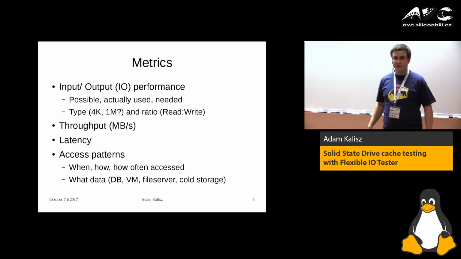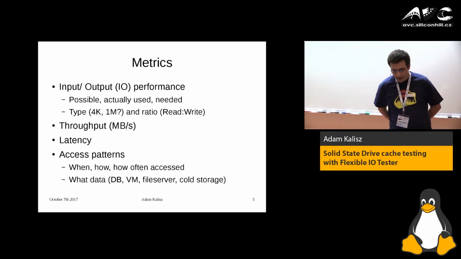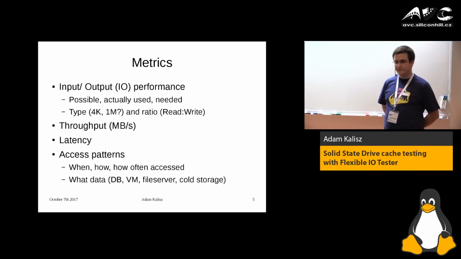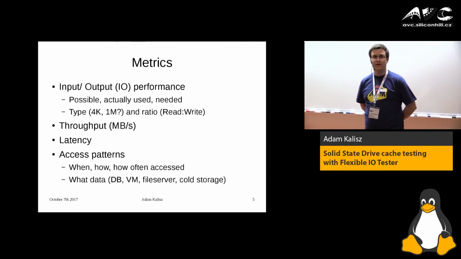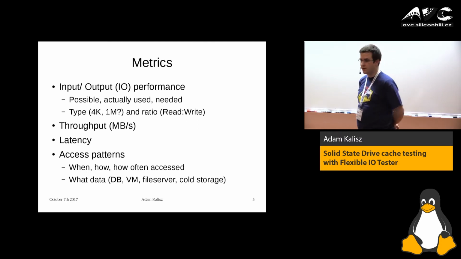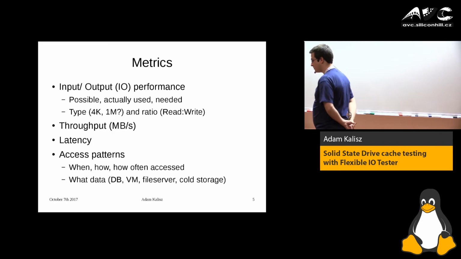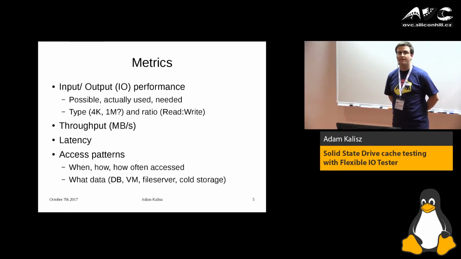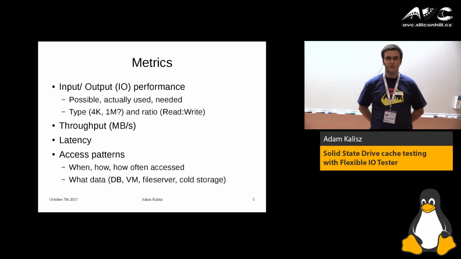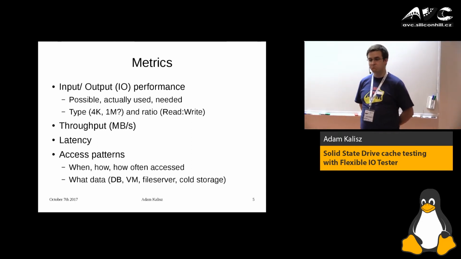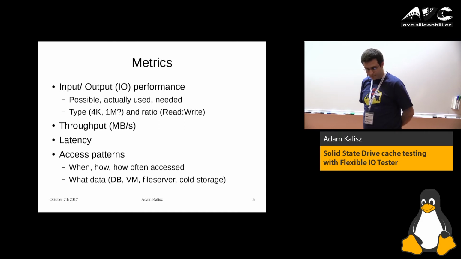So there are some metrics, but people mostly forget one metric, and that is your access pattern. We have a file server. It's not a big file server. It has about 1 terabyte of data, but it's mostly documents, so it's quite many documents.